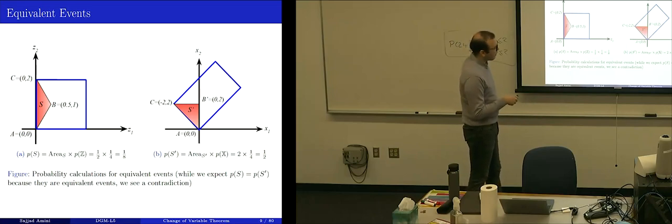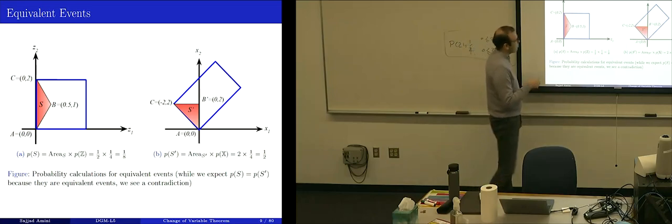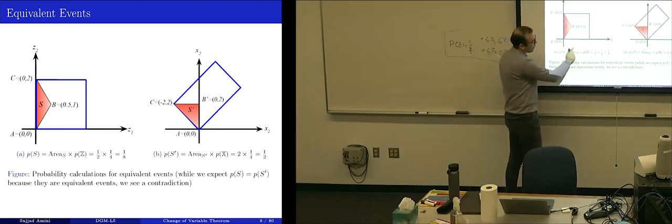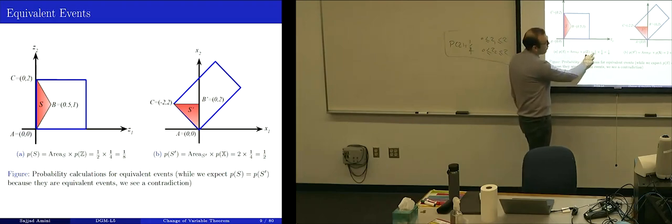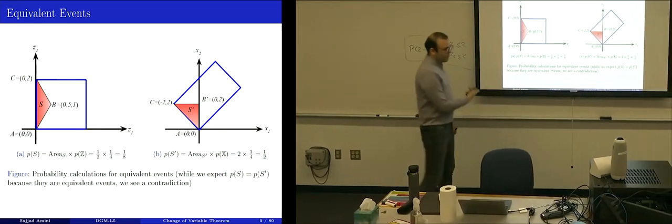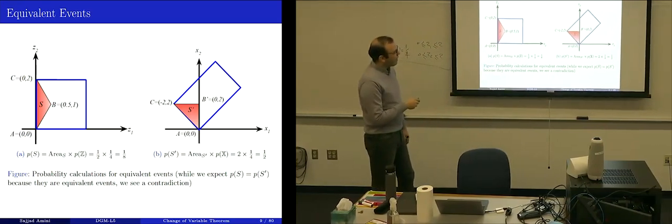So the probability of the event equals the area of S times p of z. The area is 1 over 2, or half, times 1 over 4, which is the PDF, equals 1 over 8. This is the probability of this event in the original base distribution.